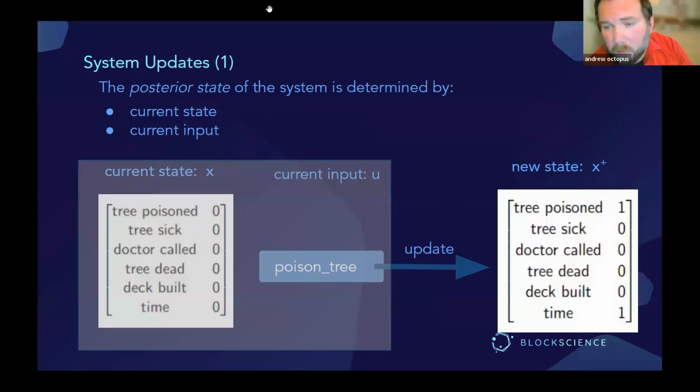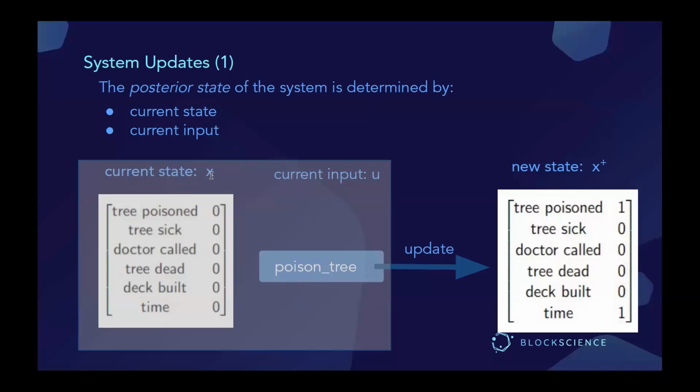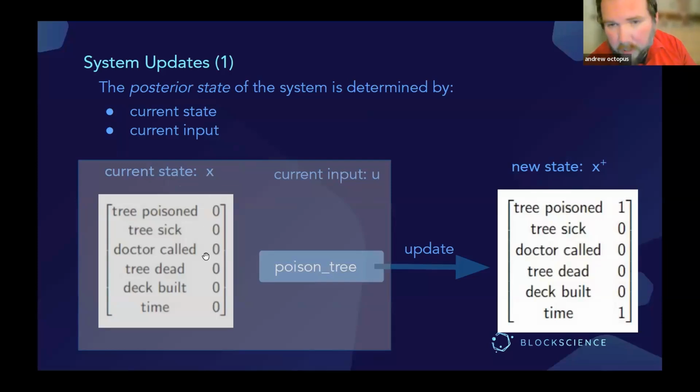And so the way this works is similar to other types of discrete time modeling, where we take our current state, which I'm representing with X. Probably this should really be X sub 0 or X of 0 to indicate the dependence on time. And then we take the input, which I'm calling U. And here we have the initial state where nothing has happened, and the input is the poisoning of the tree.